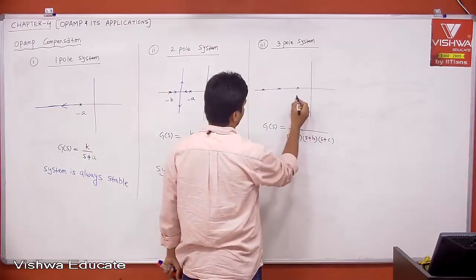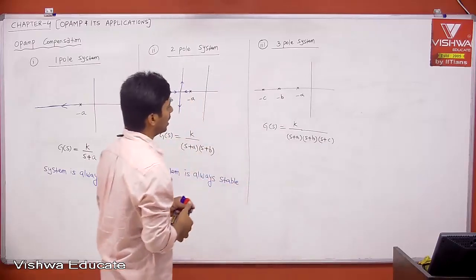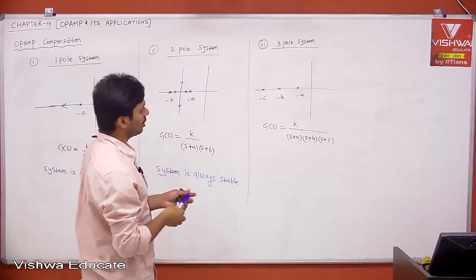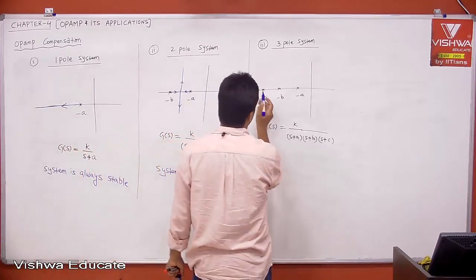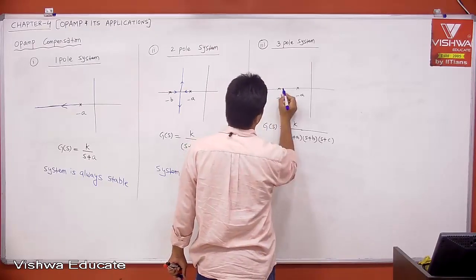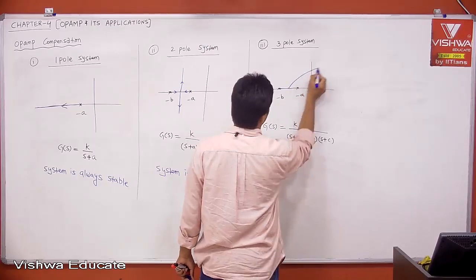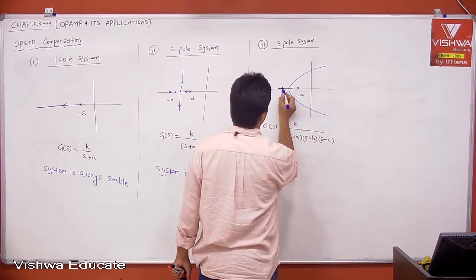The poles are at minus A, minus B, minus C. When K is varying from minimum to maximum, the poles will go like this, and here the poles will come like this, but there is a breakaway point, then you may get like this.